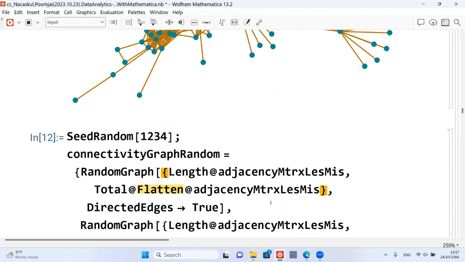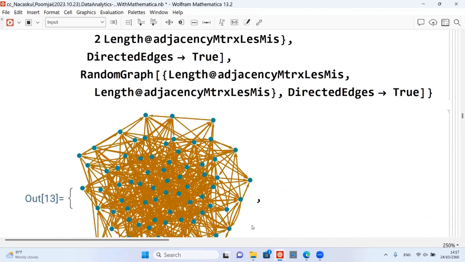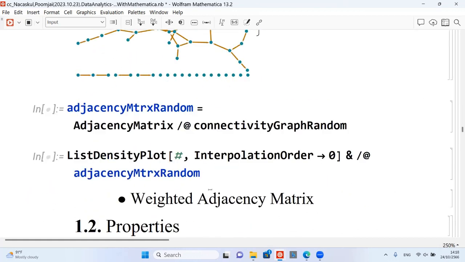Something like connected graph Q. You go to the help about graph function.